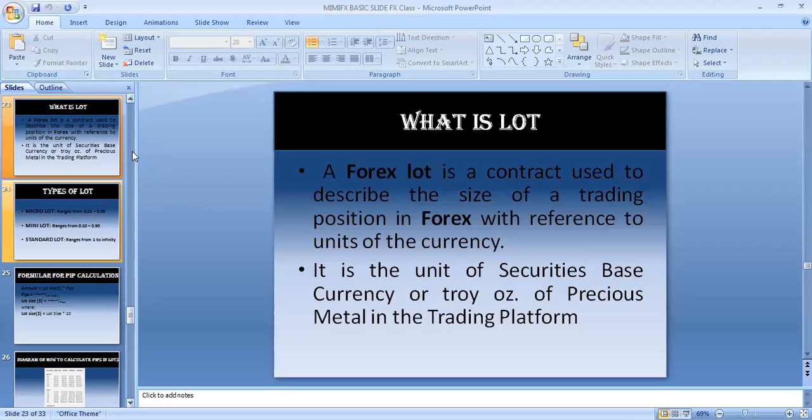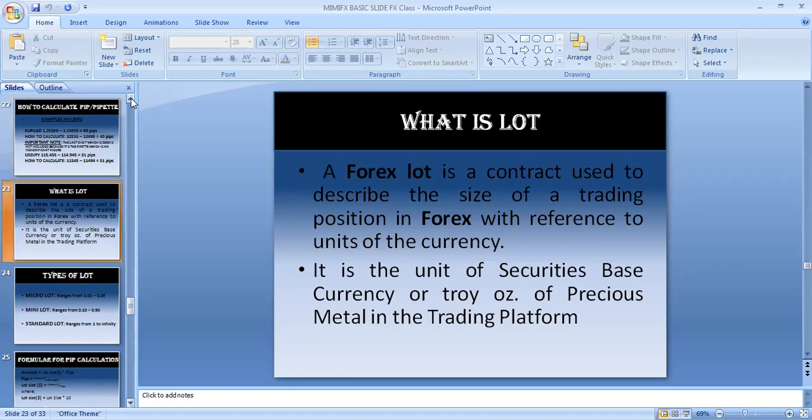PIP is four numbers or two numbers after the decimal, while pipette is three numbers or five numbers after the decimal. We did some calculations, but then I said you don't need to really disturb yourself with those calculations. All you just need to do is understand the concept of PIP and pipette, because often you hear, take a trade, someone could want to give you a signal.